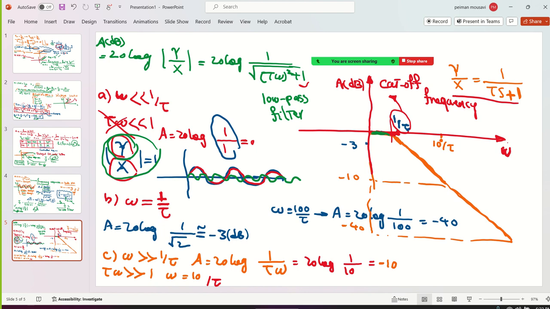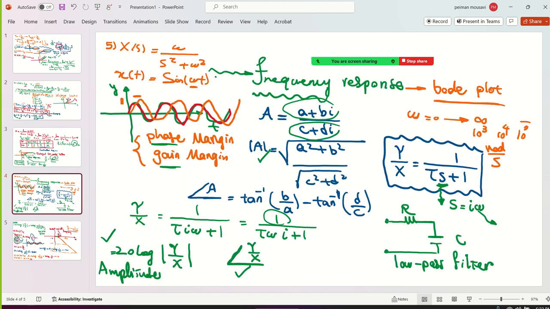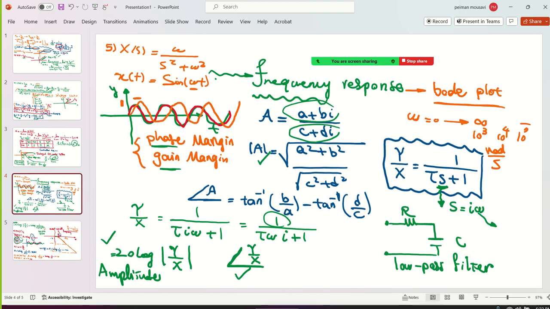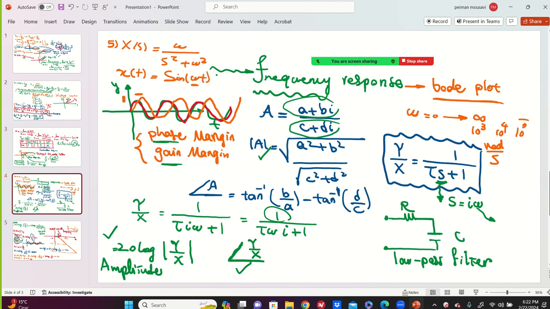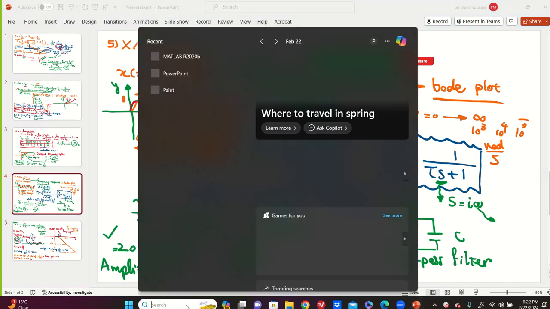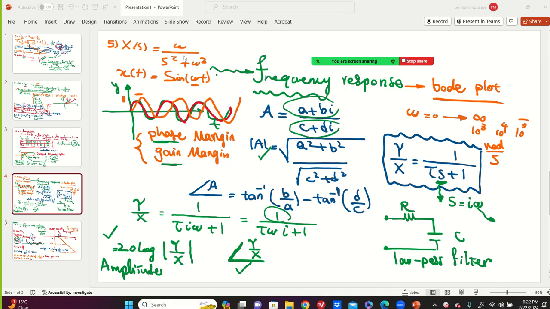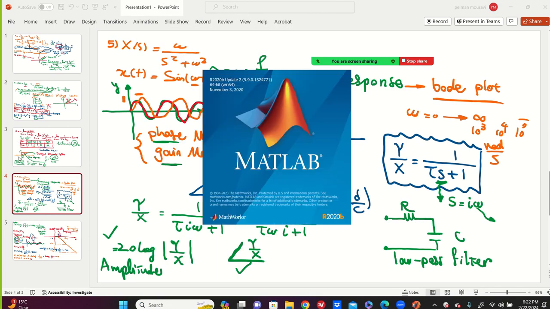Good. So, if I go to Simulink, I'm going back to this for phase. I just want to show the powerfulness of MATLAB. I'm not done yet.